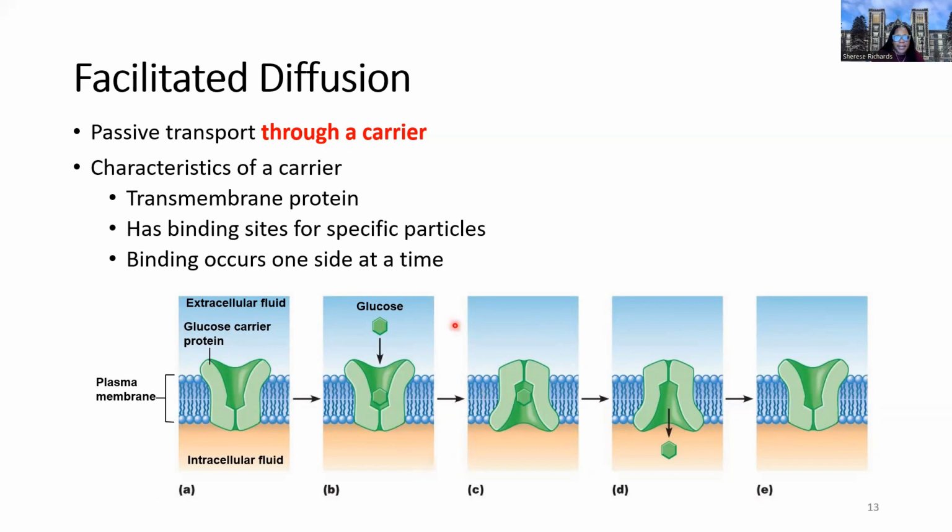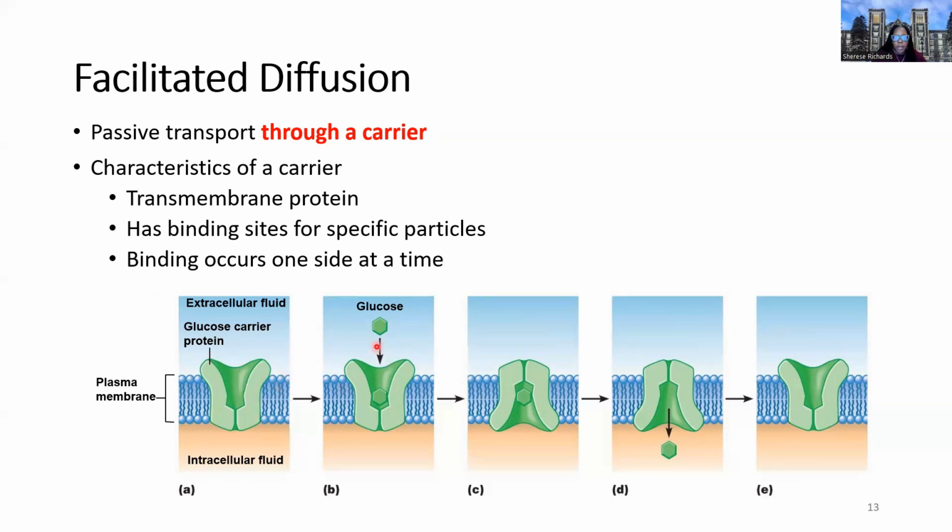So they're going to have a binding site for specific particles, and they're going to bind one at a time. So in the example here of this glucose transporter, this is called a GLUT4 transporter. It's bound into the membrane. It's permanently fixed in the membrane as we discussed, and then it's going to span both leaflets of the bilayer.